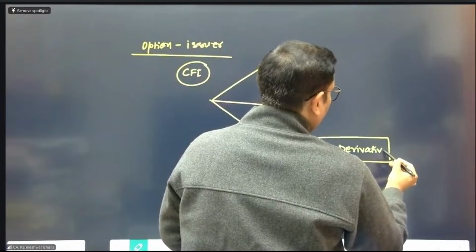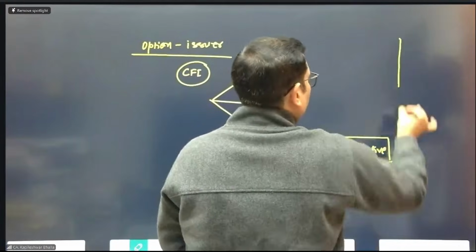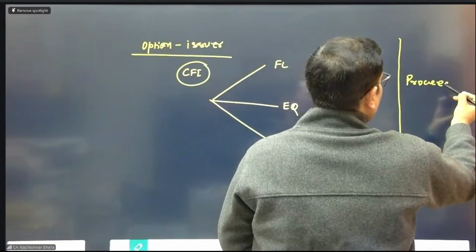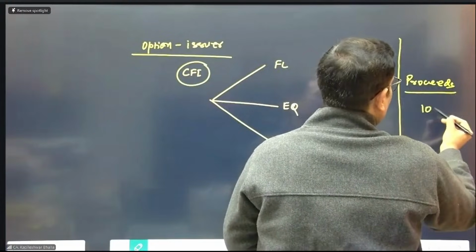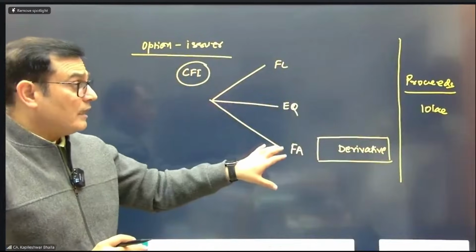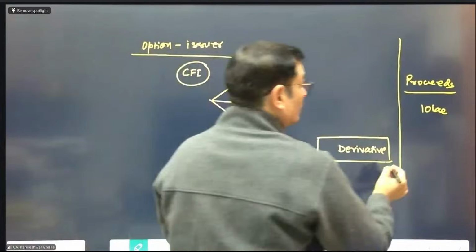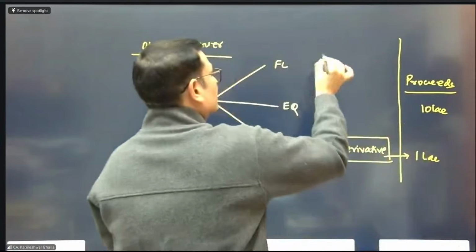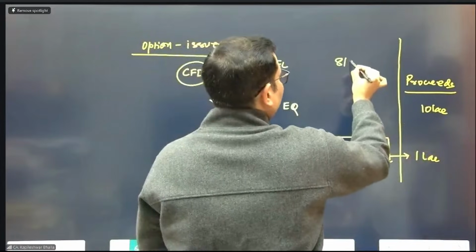So say, for example, the proceeds in this particular case are, let's say, 10 lakh. The derivative financial asset is valued at, let's say, 1 lakh. Let's say the financial liability is valued at 8 lakhs.